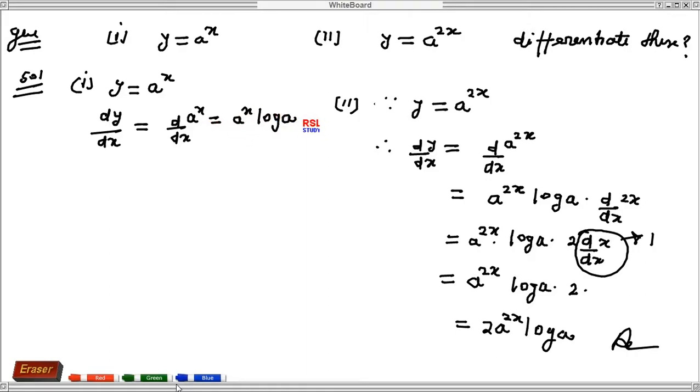So one term I have left, that is d/dx of x. In this question, in place of x there is 2x, so we will write d/dx of 2x, and in this question here is only x, so we will write d/dx of x, which is 1. Here d/dx of 2x will be 2.